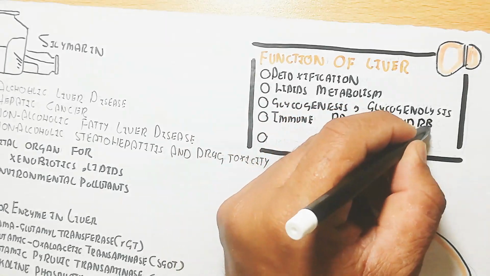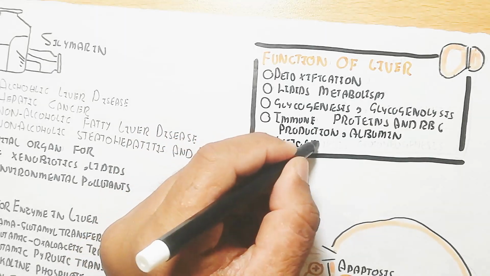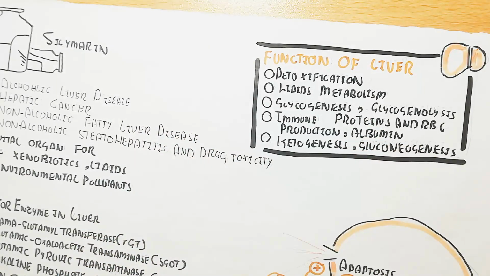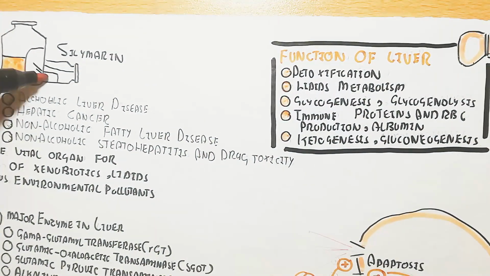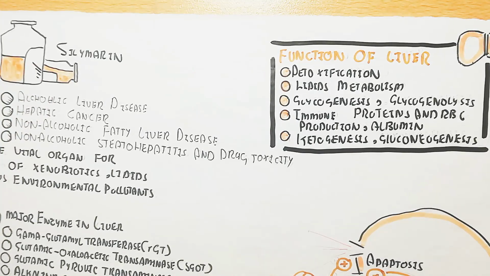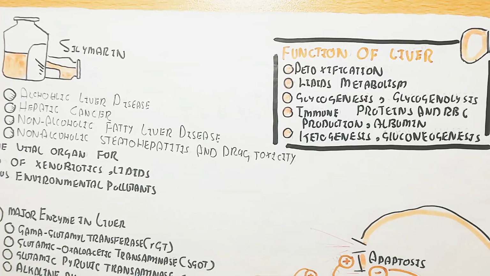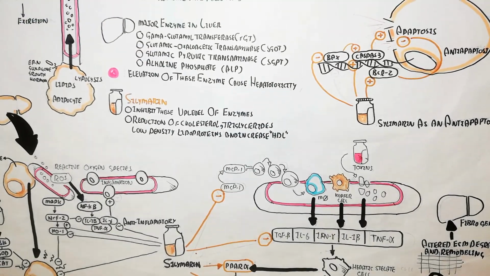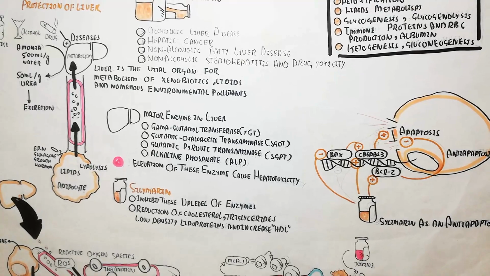On the other hand, there are lipid metabolism, glycogenolysis, immune protection, RBC production, albumin production, ketogenesis and gluconeogenesis. That is why the hepatocyte is important. When the liver functions properly, life is possible. That is why the liver is the central metabolic organ, and it functions well through silymarin.